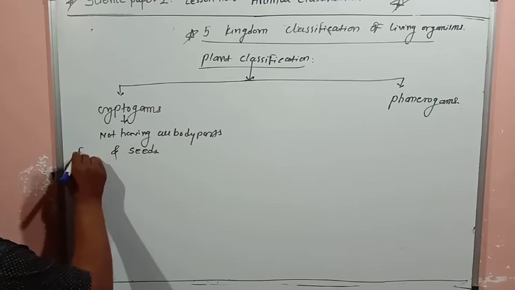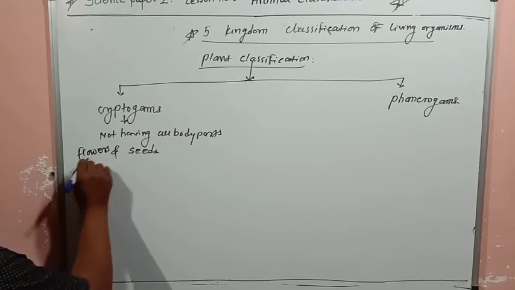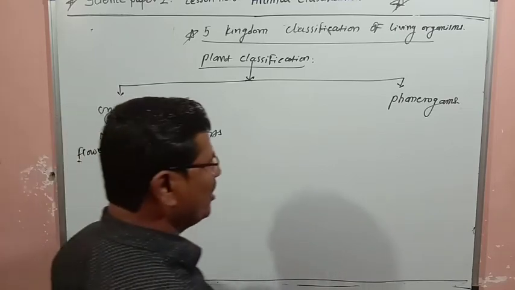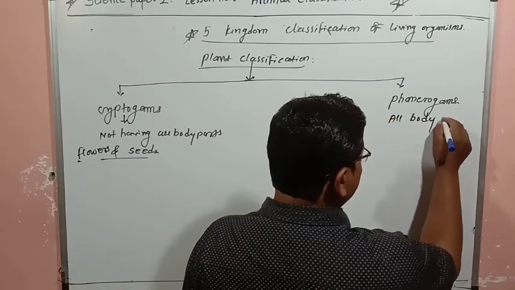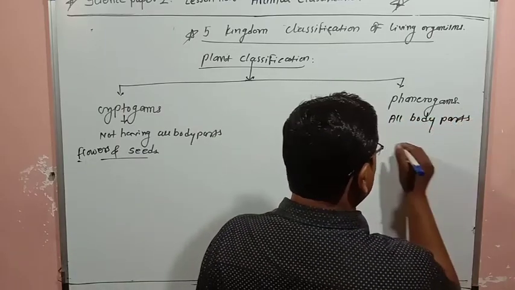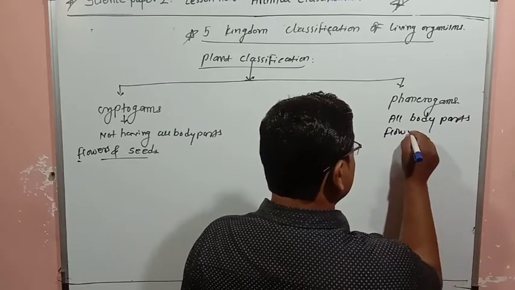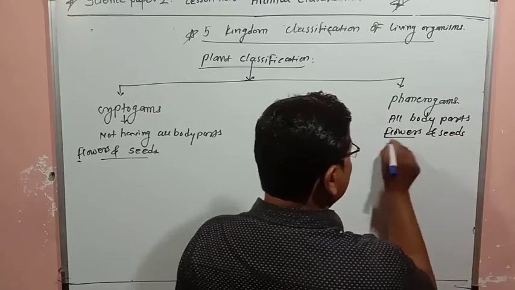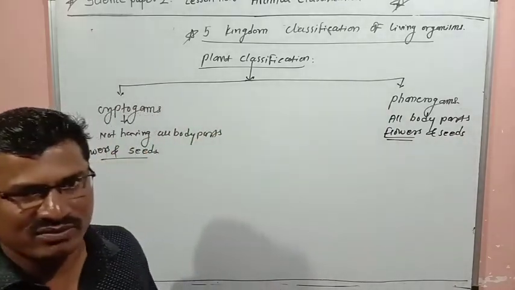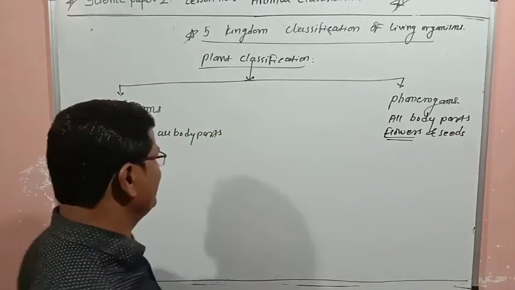Phanerogams are having all body parts, flowers and seeds. We have studied that the flower is the reproductive part of the plant.